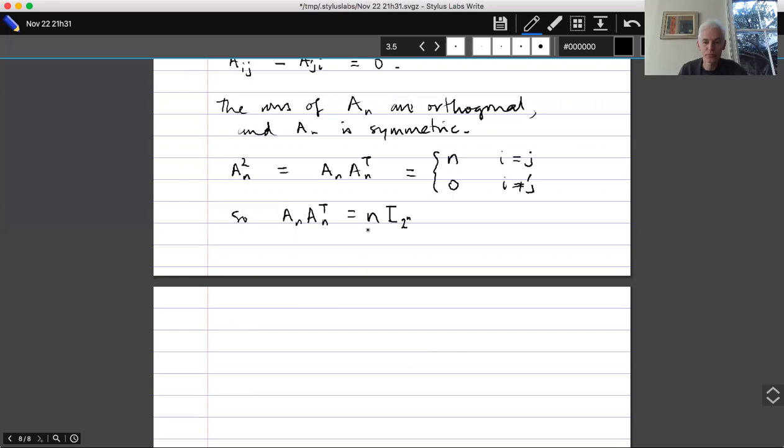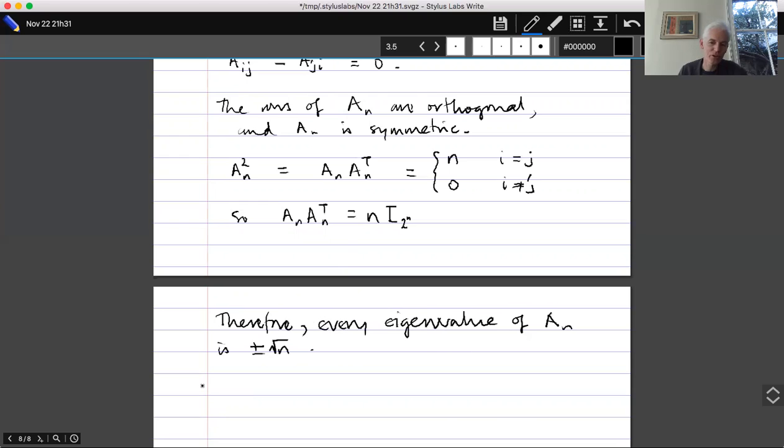But if the square is n times the identity, every eigenvalue has to be plus or minus the square root of n, because if I take a vector of eigenvalue lambda and I apply AN twice, I'll get lambda squared times that vector, and it's got to be n times that vector. So therefore, every eigenvalue of AN is plus or minus the square root of n.